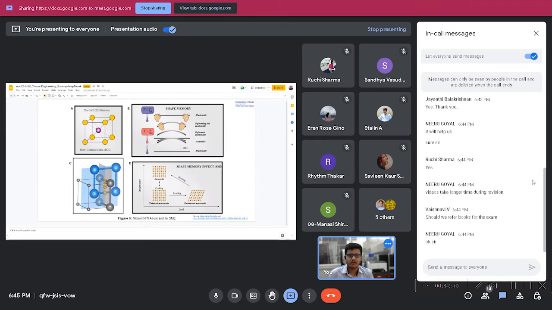Videos take longer time with provision, yes. It should be the purpose of the exam. Most of the contents of the whole syllabus is sufficiently given content-wise.